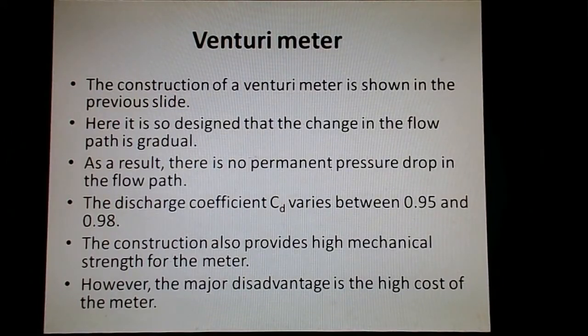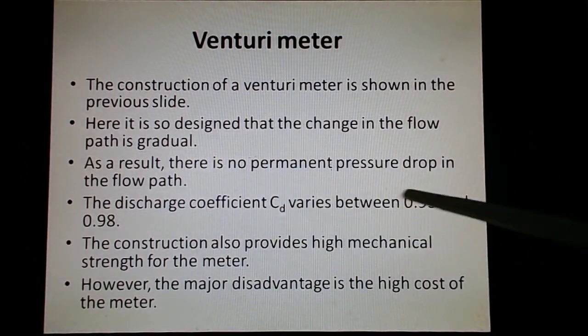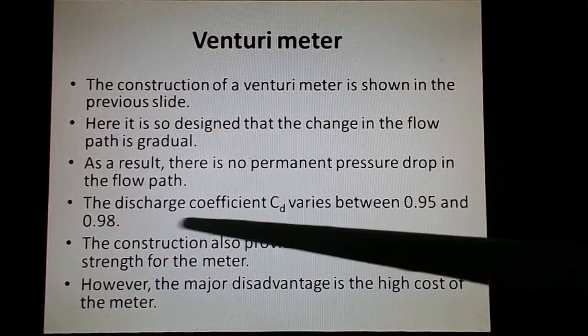So the variation between area A1 and A2 is not there. So the variation between area of the venturi A2 and the vena contracta is not there. So the amount of coefficient of discharge is reasonable.